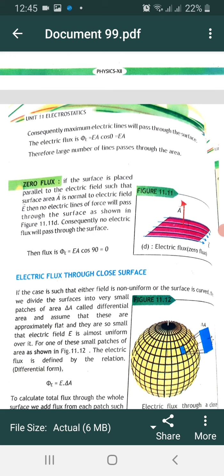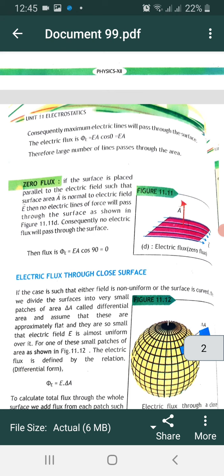Zero flux or minimum value of electric flux. Zero flux or minimum value of electric flux means that the minimum number of lines will be passing across that vector area. So geometrically or diagrammatically it is represented by figure D. In this figure, look at that, the electric field lines are represented by blue arrowheads, while the normal to the surface area is represented by a red arrowhead. So look at the angle between both.